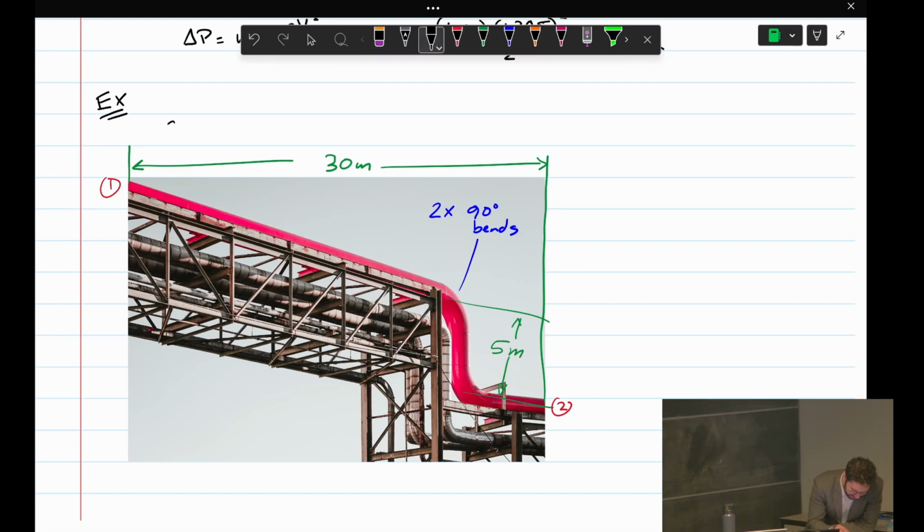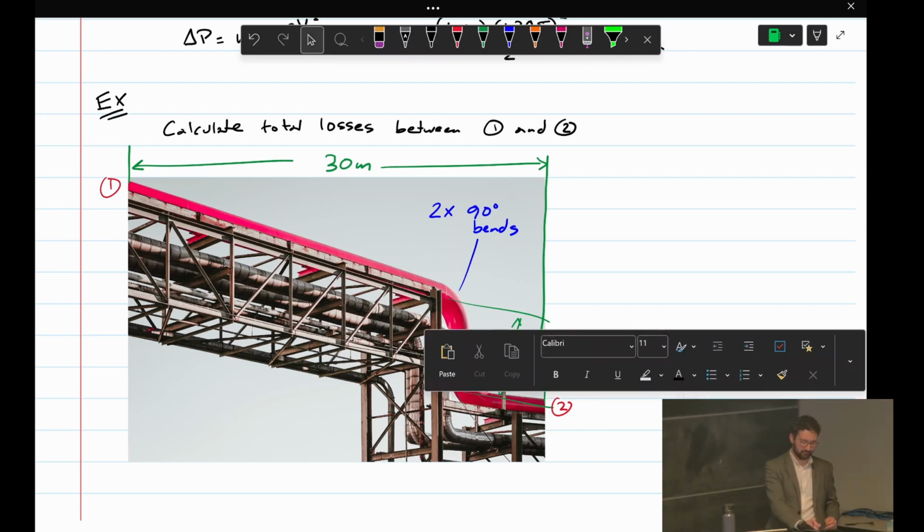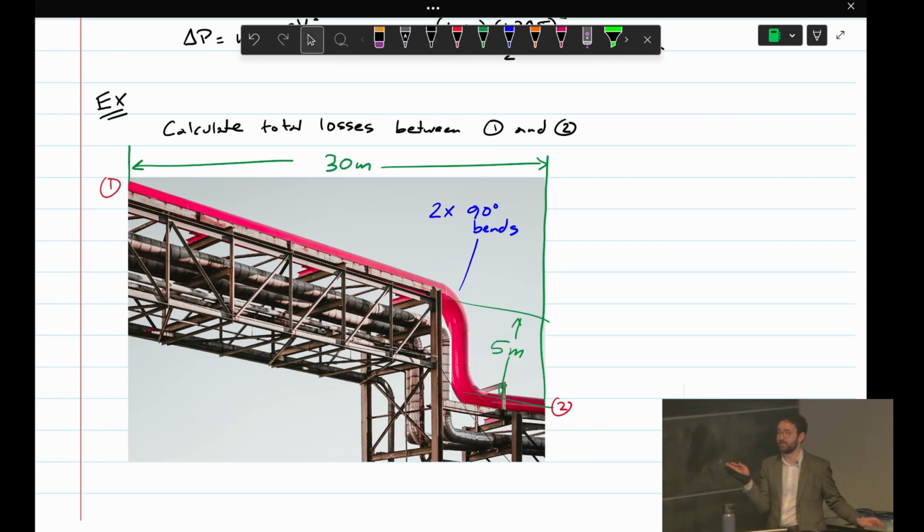So the point of this question is to calculate the total losses between 1 and 2. Let's assume we put a pump at 0.1 and the outlet or something like that is at 0.2. What pressure differential do we need to supply with our pump?